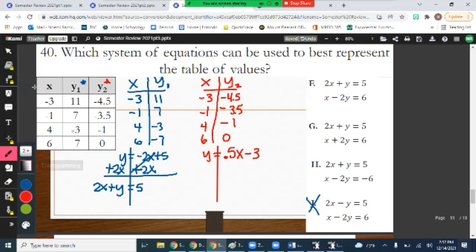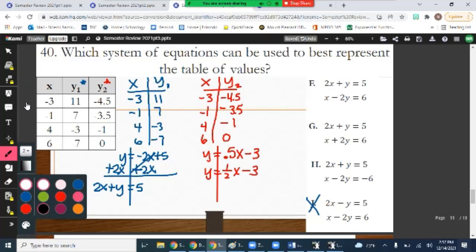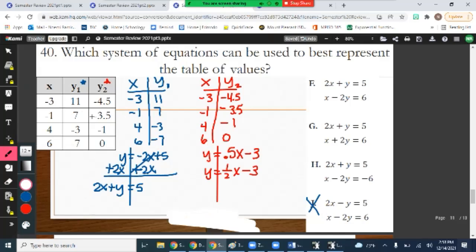Now, I can't really use this one because it's in decimal form. You can change it using math enter, but what is 0.5 as a fraction? 1/2. So I want to change it to a fraction first. Now, how do I move that 1/2 back over? Correct. Minus 1/2 x.